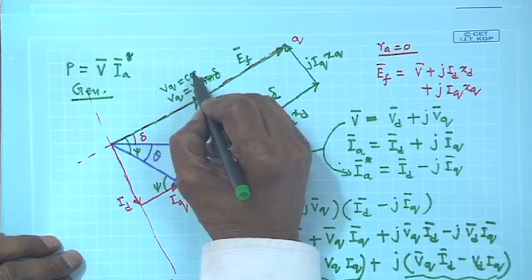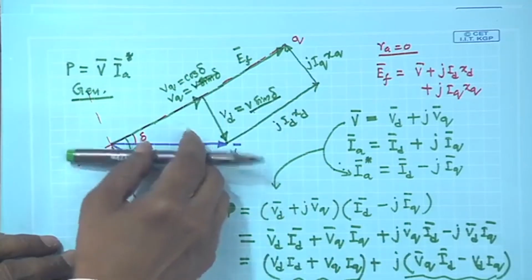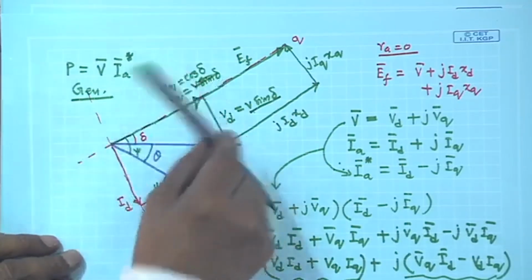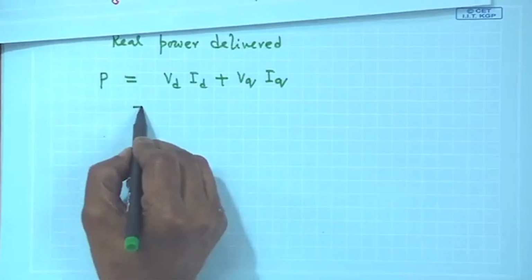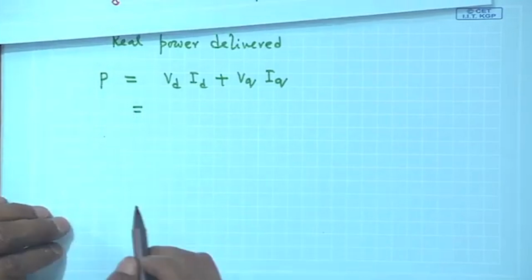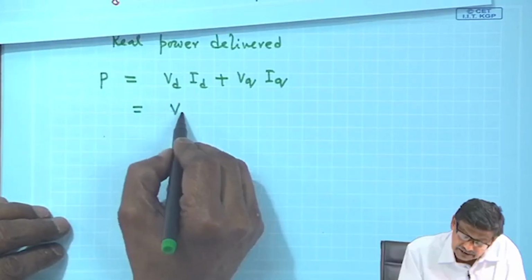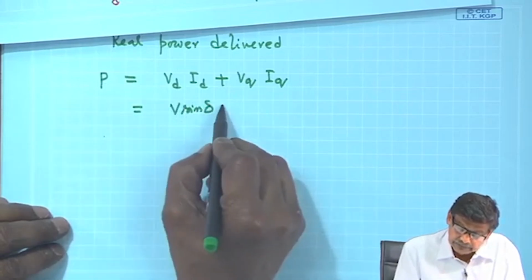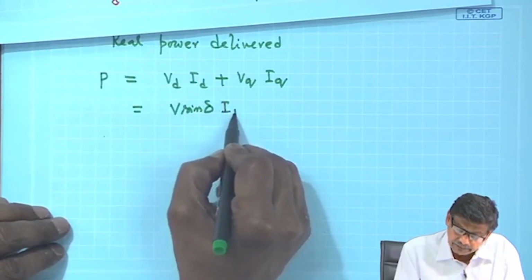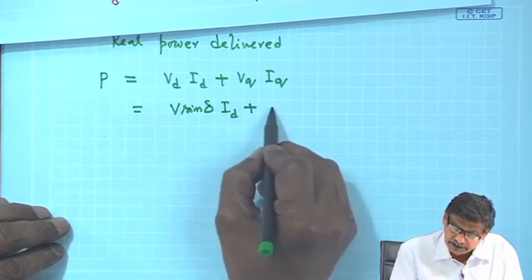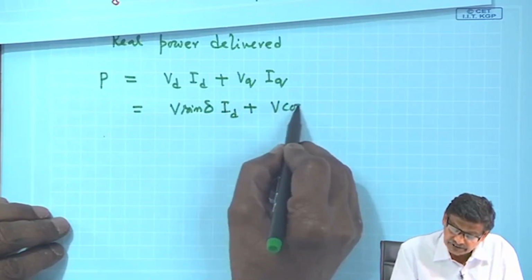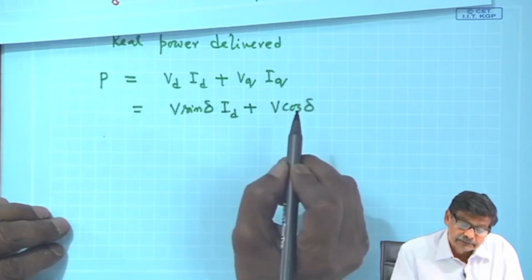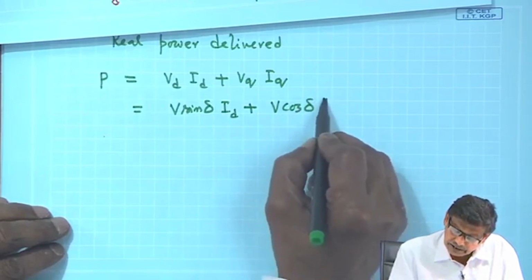So, I will put those values. I will write this as V_d equal to V sin delta into I_d plus V_q, which is V cos delta, into I_q.